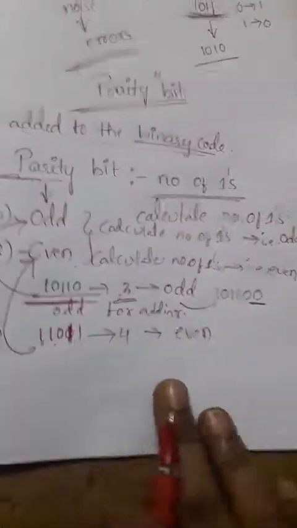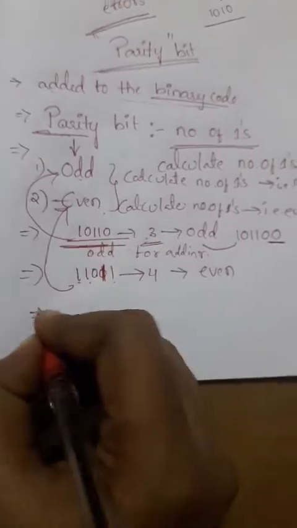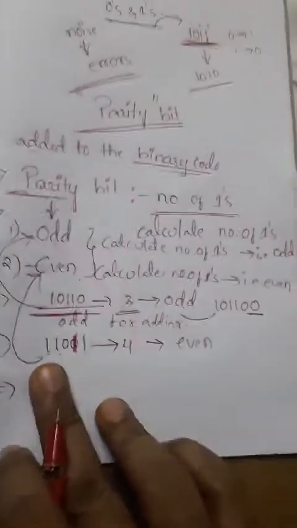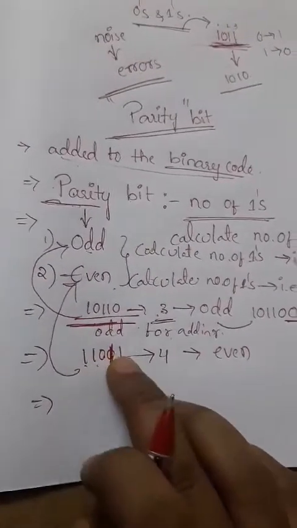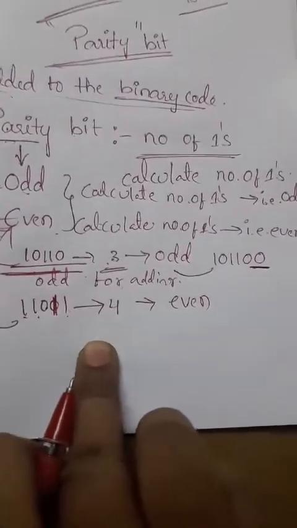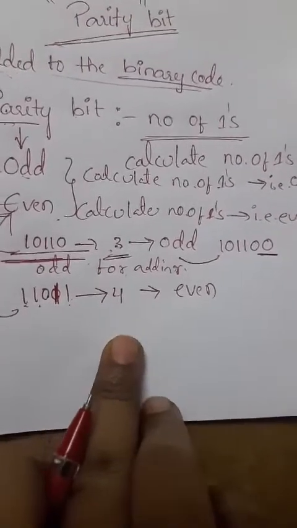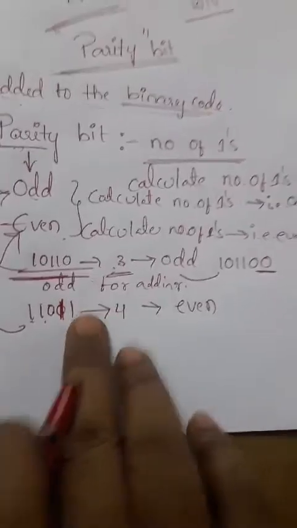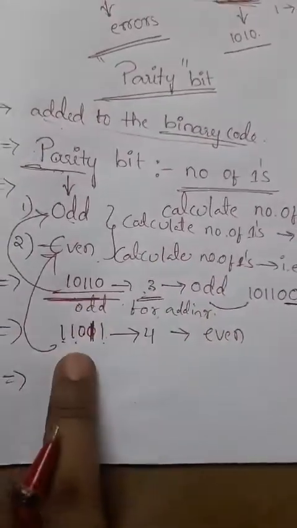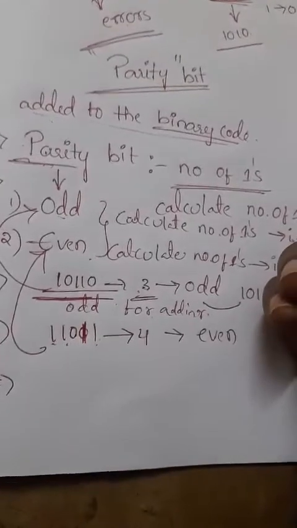Okay, so in this way, if you are taking a 6-digit code or a 5-digit code, for example this is a 5-digit code, 11011. This code is already in even parity, right? We can consider this as even parity, but we need to convert it to odd parity. If you need to convert this code to odd parity, what do we do?